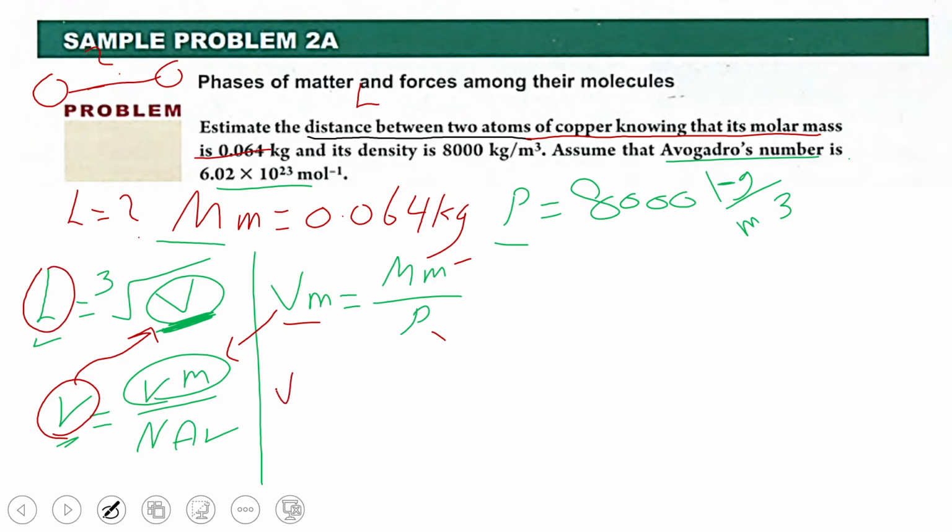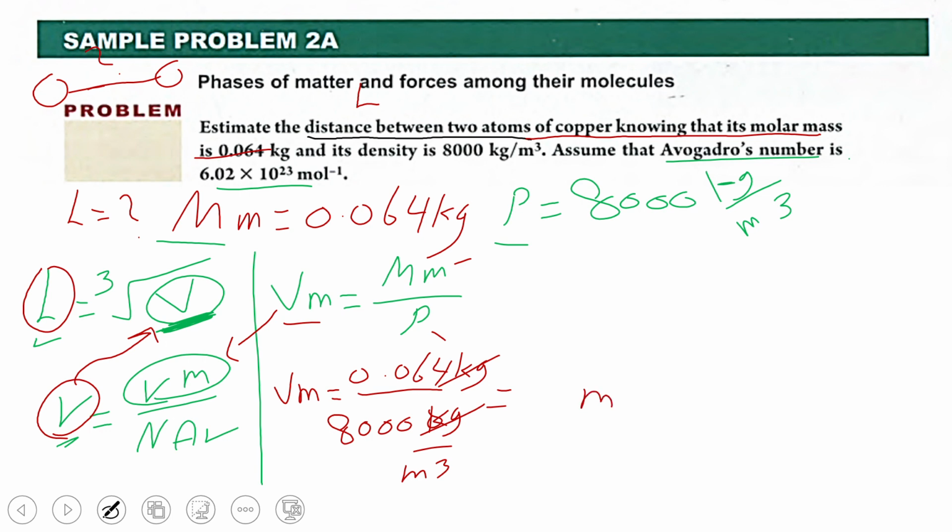Vm equals molar mass over density. The density is 8,000 and the molar mass is 0.064, kilogram over meter cube, so the kilograms cancel and meter power cube is left.